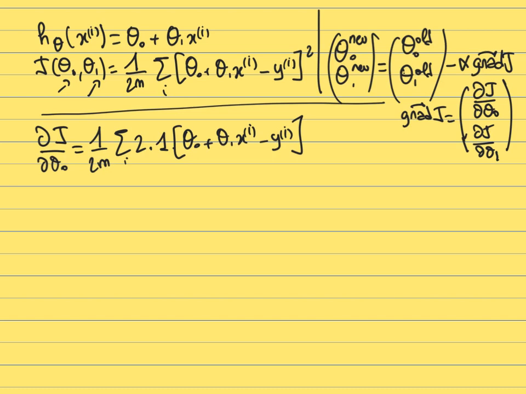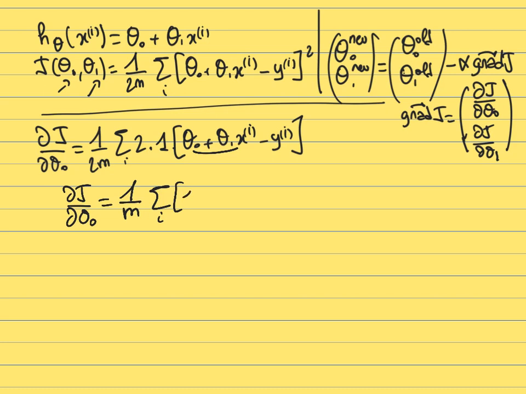So we can now write the derivative of the cost function with respect to theta naught simply as 1 over m times the sum over all the training examples of theta naught plus theta 1 xi minus yi. Another way to simplify is that the term theta naught plus theta 1 xi is exactly the hypothesis of your model.